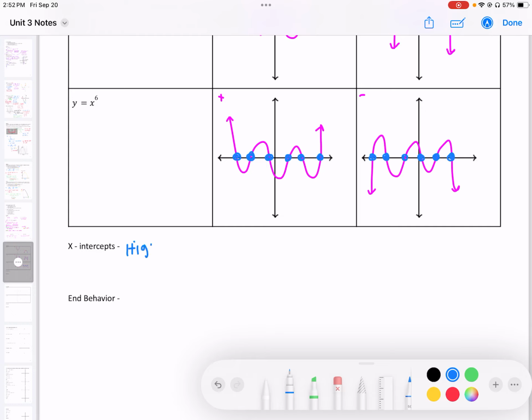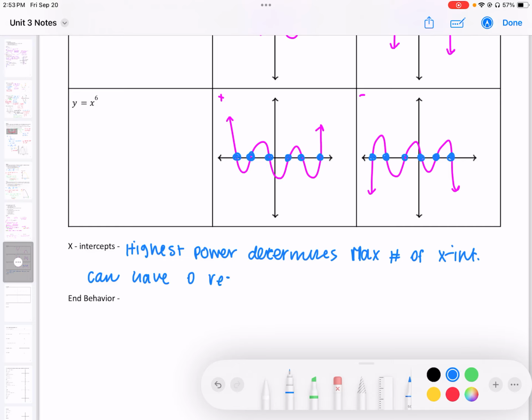Highest power determines maximum number of x-intercepts. It can also have as little as 0 real x-intercepts. Maybe our curve is fully above the line or fully below the line.